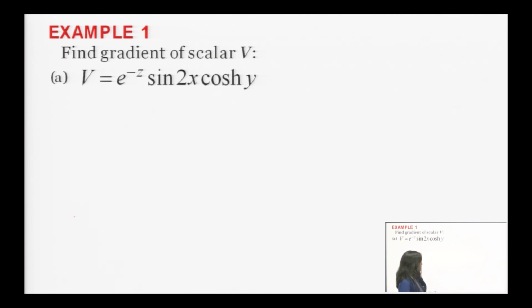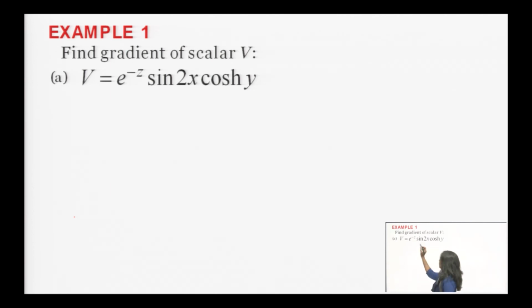So let us start with gradient. Here one scalar quantity is given. Always remember that gradient can be found only for a scalar quantity. Gradient of any vector quantity makes no sense.